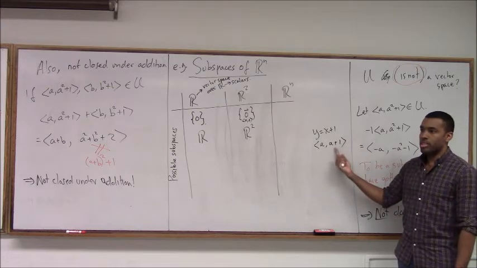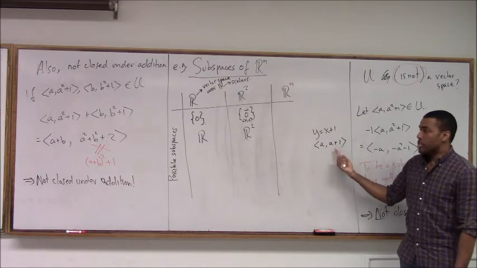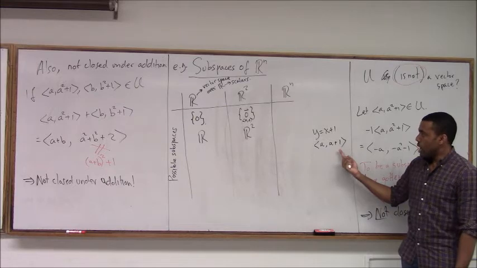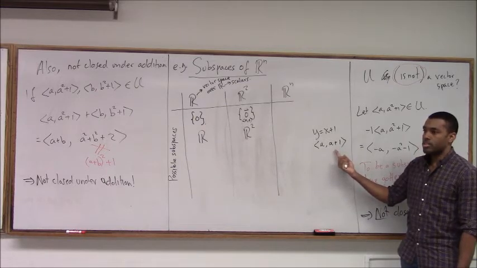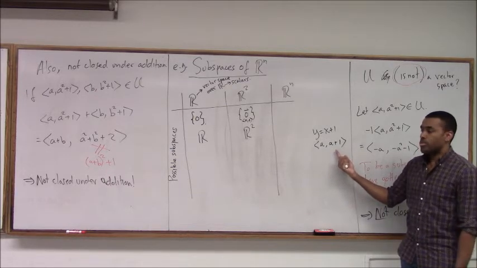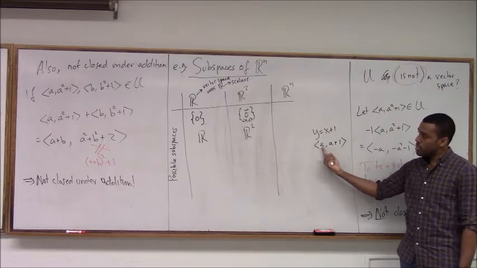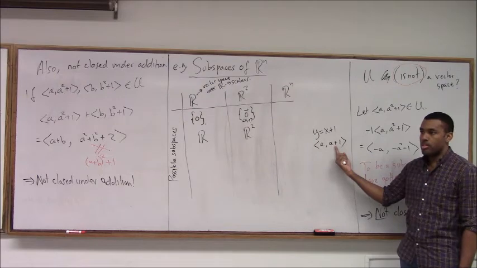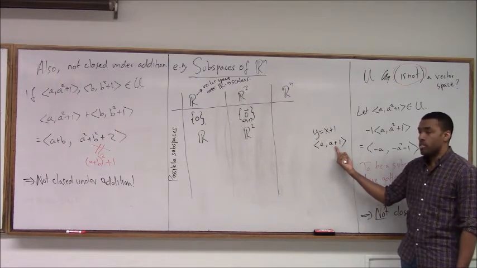It wouldn't look like this, right? Also, how would I get the 0 vector here? I can't. In order to get the 0 vector, the first component needs to be 0, so I'd have to plug in 0 for a, but then 1 would be in the second coordinate. So this does not include the 0 vector, so it's automatically not a vector space.